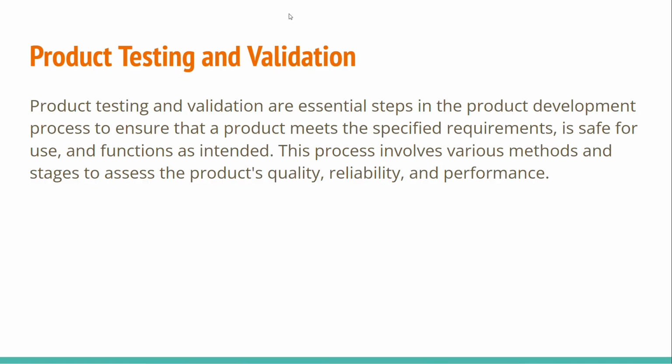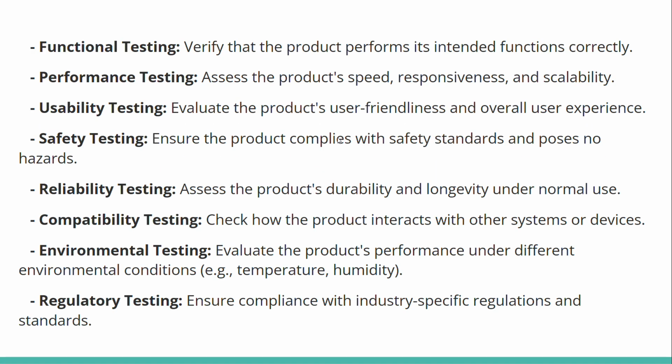Product testing and validation is an essential step in the product development process to ensure that the product meets the essential requirements, is safe for use, and functions as intended. This process involves various methods and stages to assess the product quality, reliability, and performance. These are functional testing, performance testing, usability testing, safety testing, reliability testing, compatibility testing, environment testing, regulatory testing.